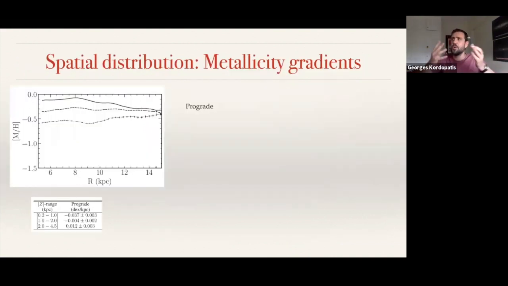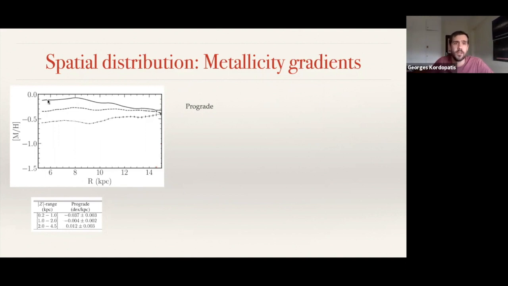Okay, let's move forward now and see how the metallicity gradients of the stars are. What can we measure? So let me just again guide you through with the prograde stars first. So here you can see the mean metallicity of the stars as a function of radius.